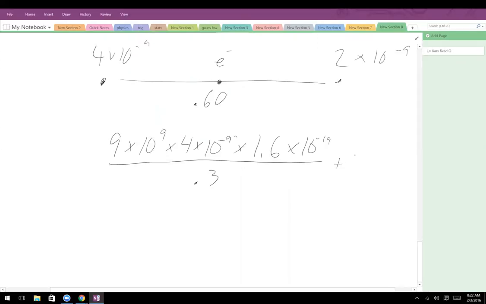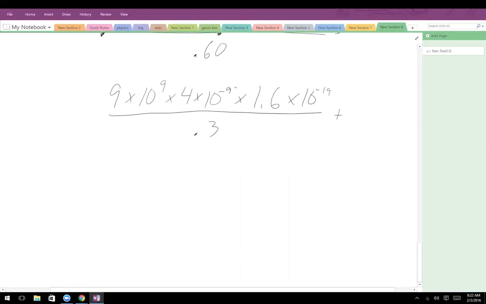And the same thing for the other one: 2 times 10 to the minus 9, 1.6 times 10 to the minus 19th over 0.3.